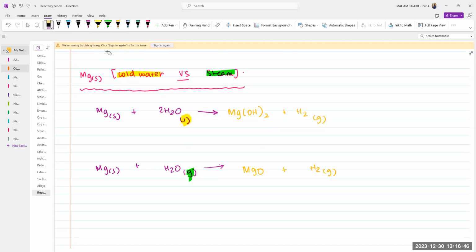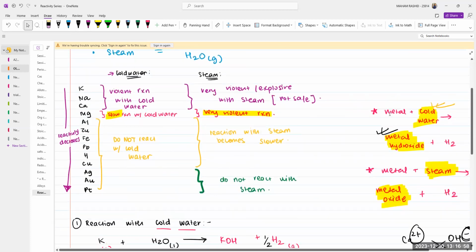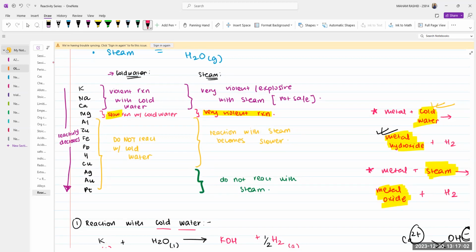Now, what's the difference between the kind of reaction that actually happens here? So let's go back and check out the reactivity series. So with cold water, magnesium has a slow reaction. However, with steam, magnesium has a very violent reaction, right?